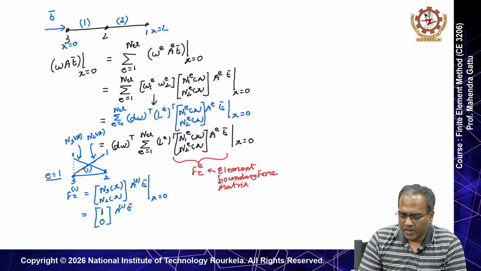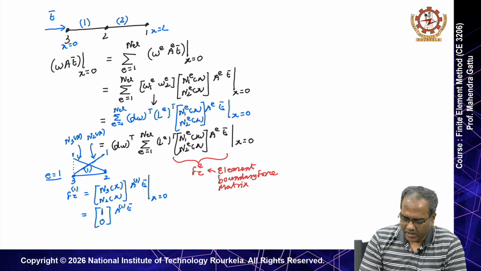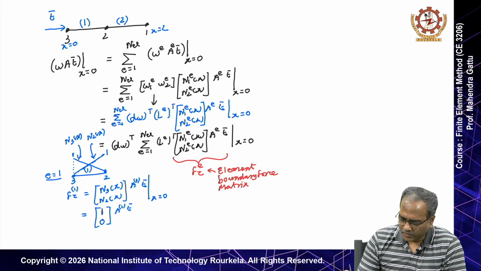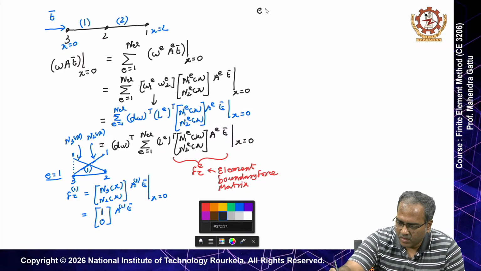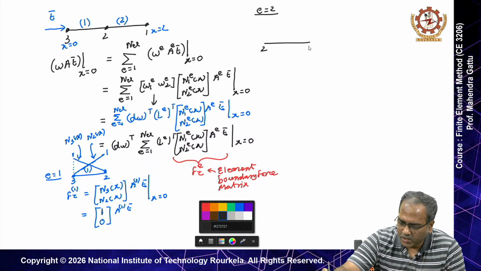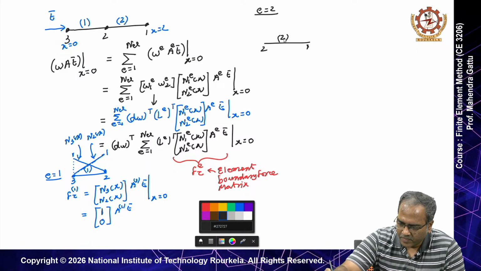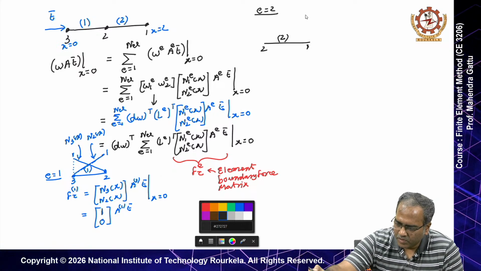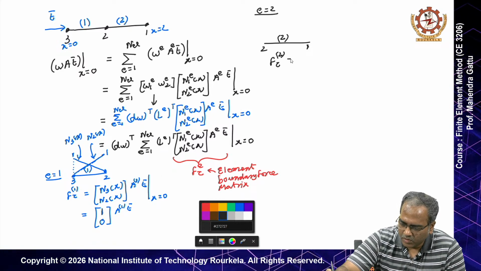Okay. And what happens to the second vector at element 2? If you look at element 2, you are working with node 2 and node 1. So, you are working with F2 tau.